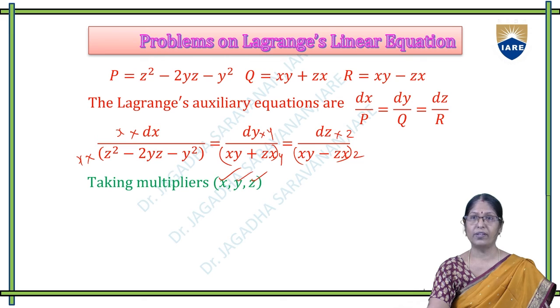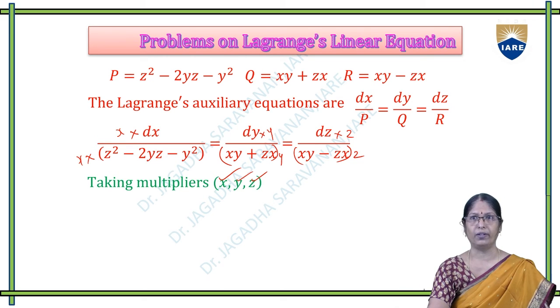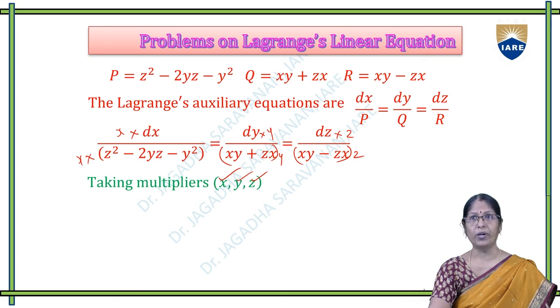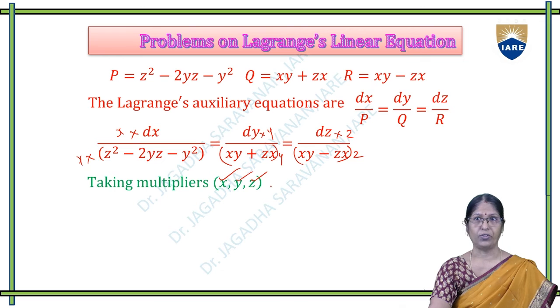But there is a doubt: on what basis did we select these multipliers? After multiplying, we are going to add the numerators and the denominators. When we add the denominators, the result we must get is 0. On that basis, these multipliers are selected.